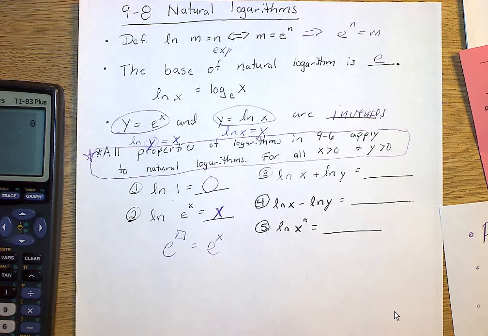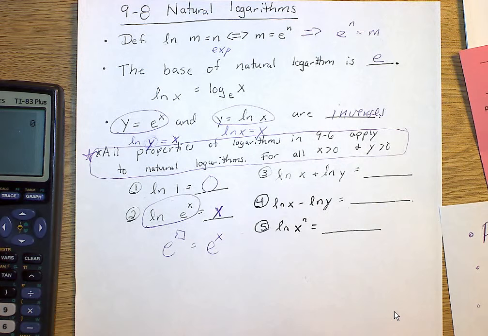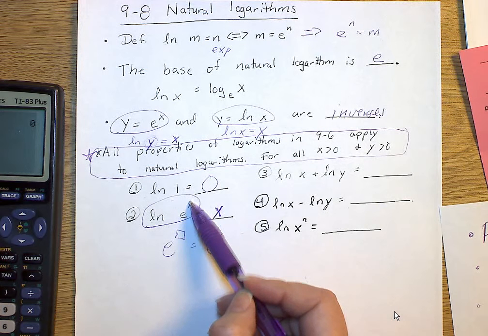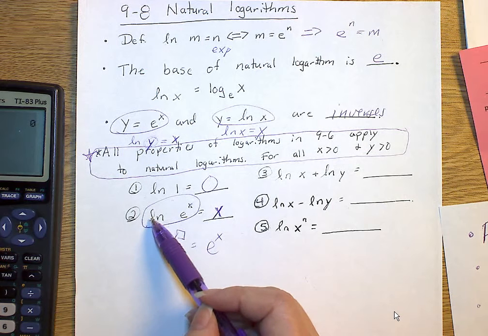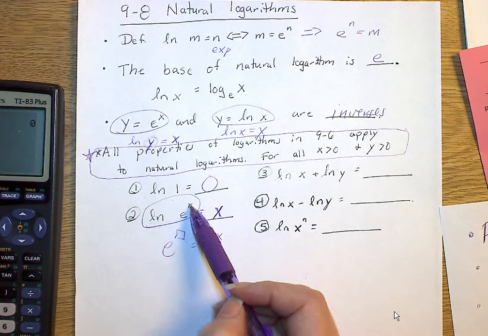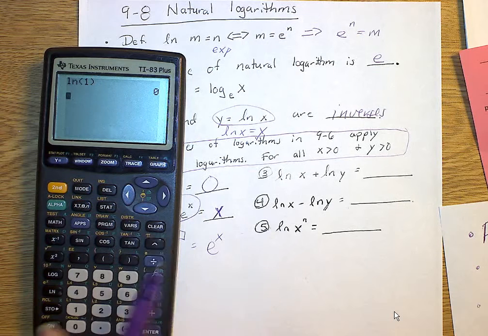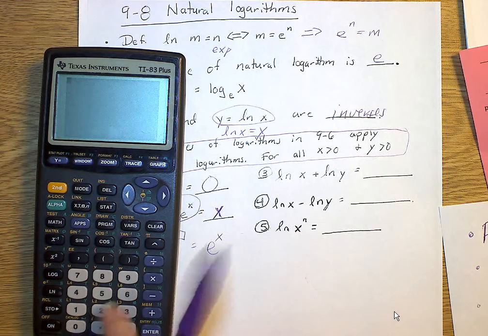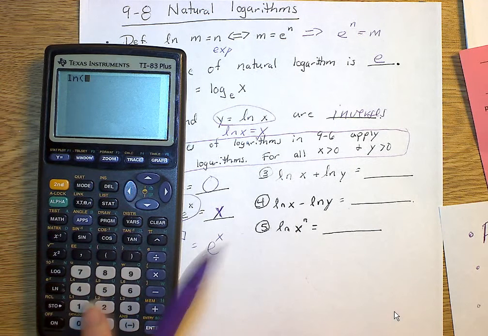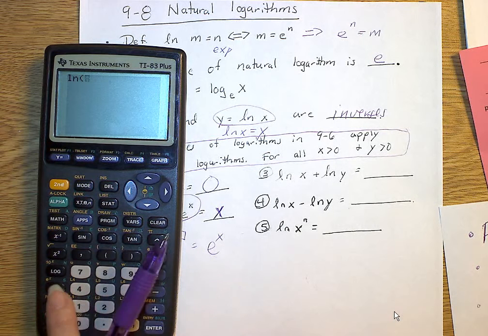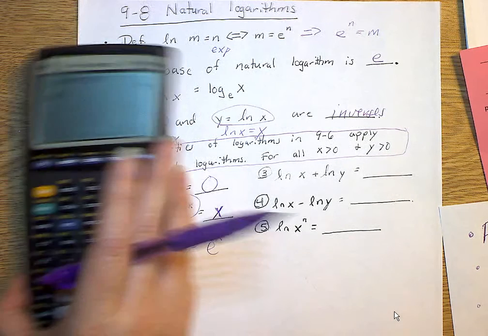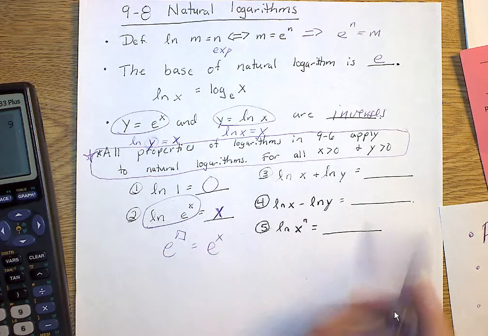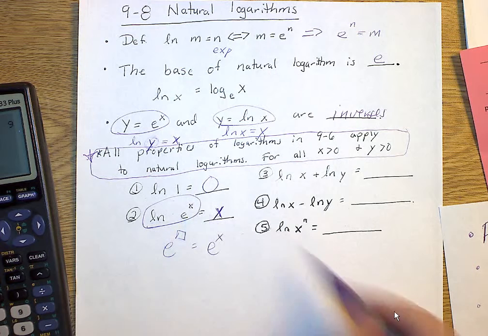Now, on your homework, you can always just throw that in. If this was a 9 here, the answer would be 9. You could throw in ln of e to the 9th, and you're going to get 9. So you don't have to memorize that; you can simply just do it. You can always just throw it in.